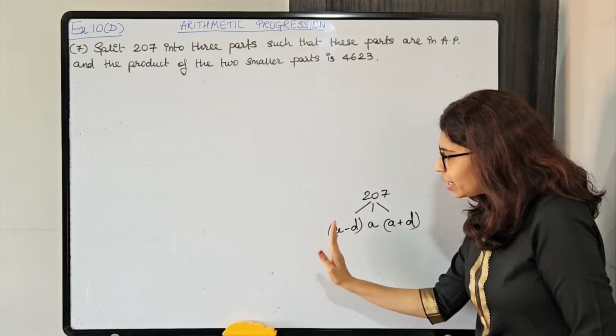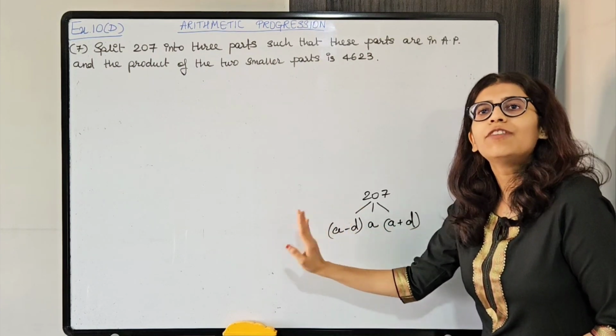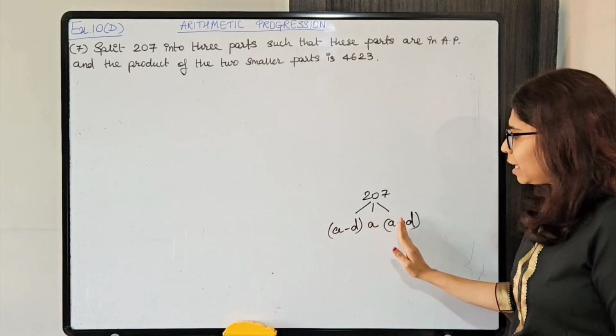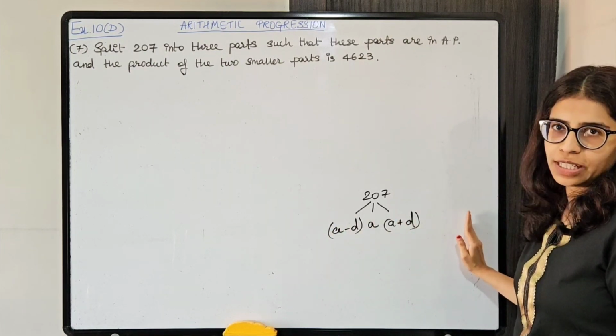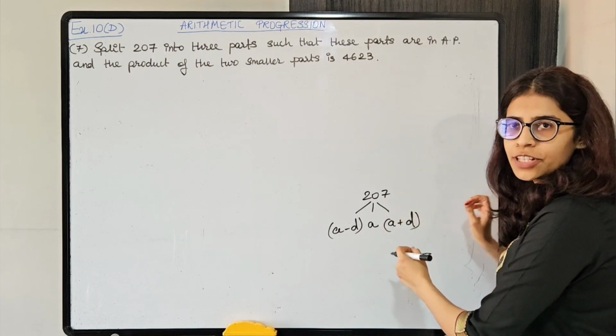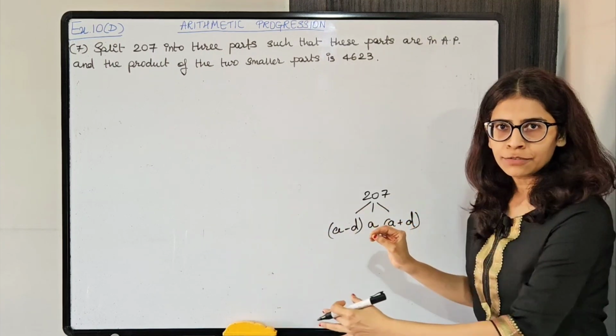So on left hand side you will subtract D once more, so it will become A minus 2D, A minus D, A plus D, and A plus 2D. Okay, so on right hand side keep on adding the difference, on left hand side keep on subtracting the difference.